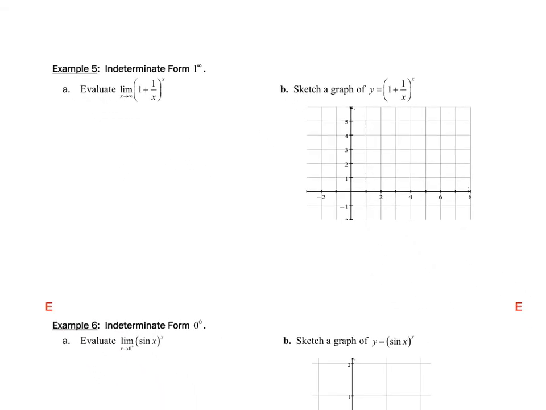All right, so it says we're going to evaluate, but we're also going to sketch. So I've got my calculator here on the side. I'm going to just run the graph. And of course, I should have changed my limits or my window first. So just taking note, right, we're going from -2 to 8 on this screen.